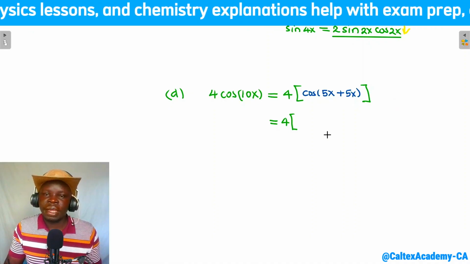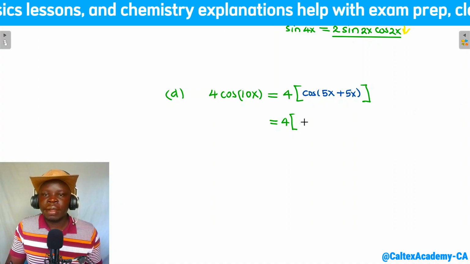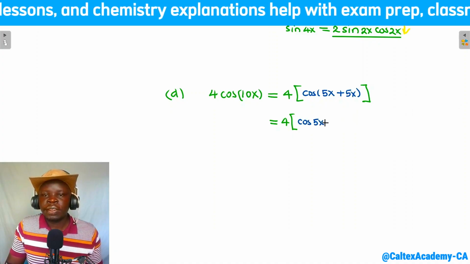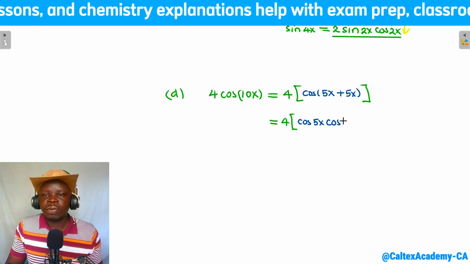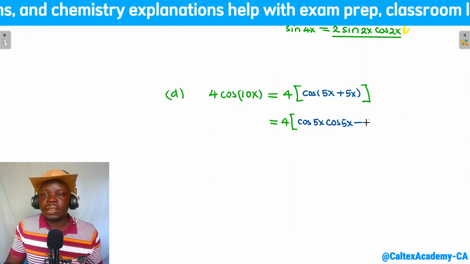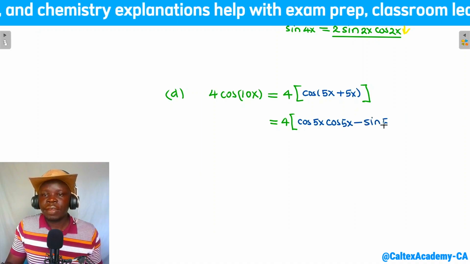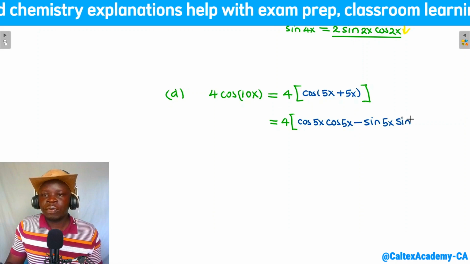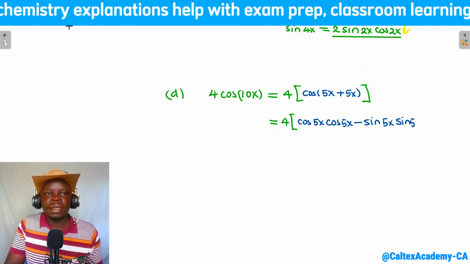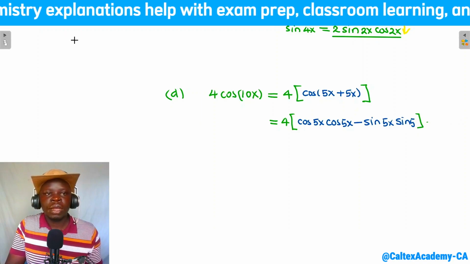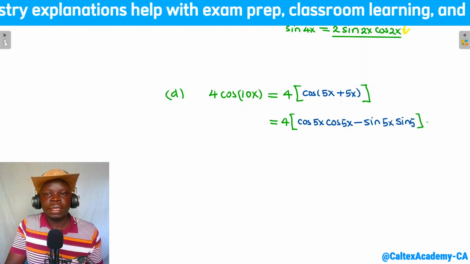We look at it up there. Therefore, we would have here cos of 5x and also cos of 5x, and we subtract away sine of 5x, sine of also 5x, because the angles are the same. So we can close this bracket up and we'll take a look on how we can simplify this.